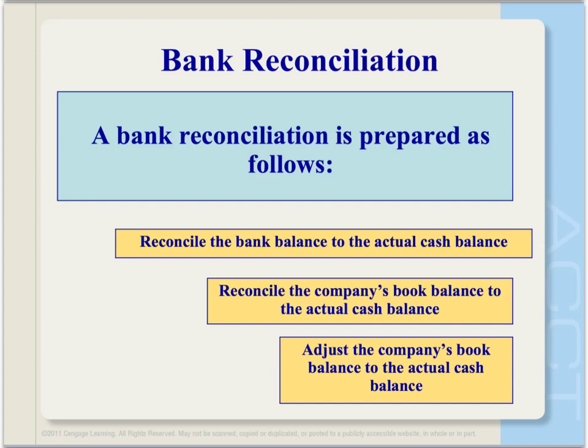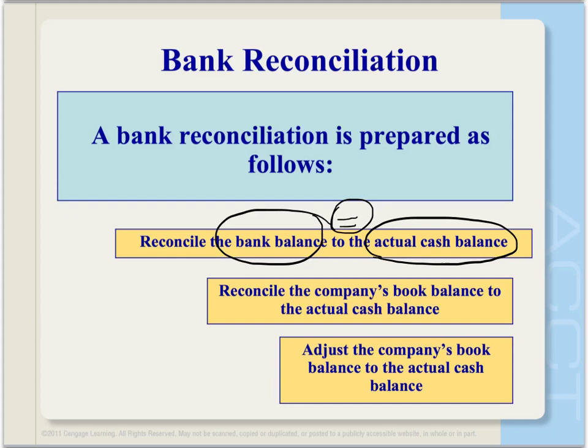It is prepared as follows. What we're going to do is take the bank balance to the actual cash balance in our books. In other words, it's going to be our job to make them equal. You will see when we start out, they are not equal, but when we are finished, we have reconciled them to one another.